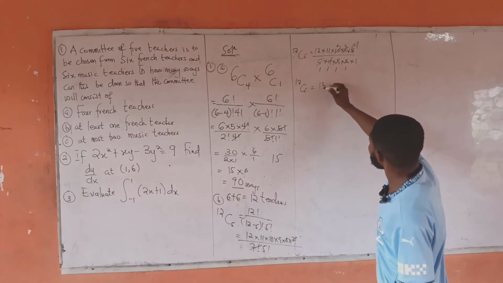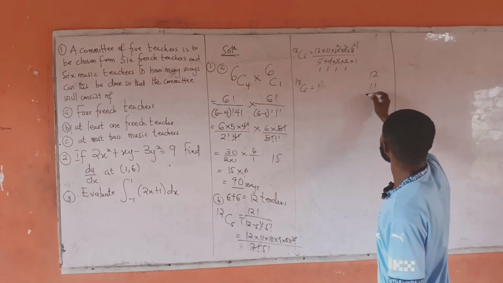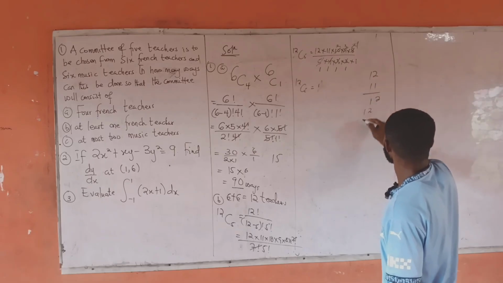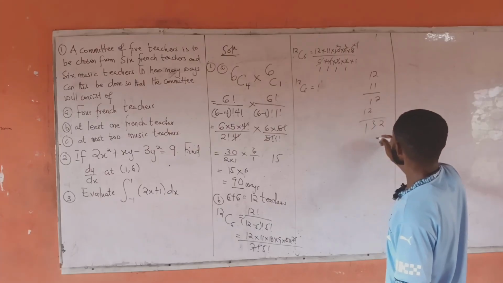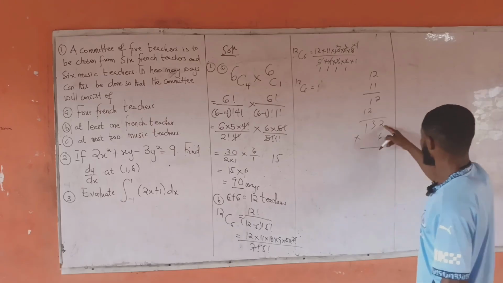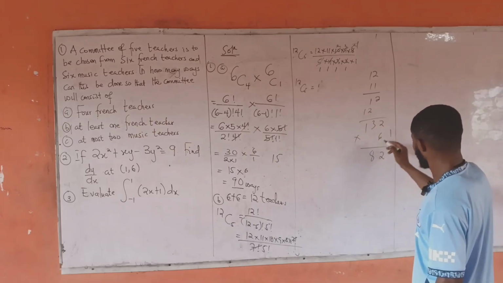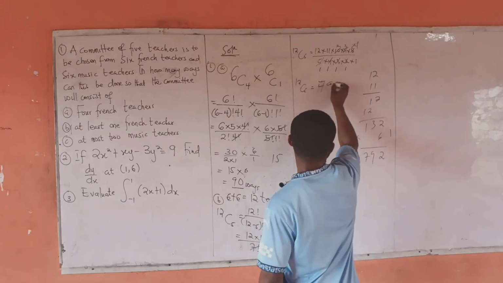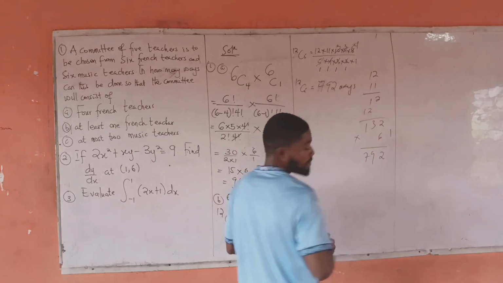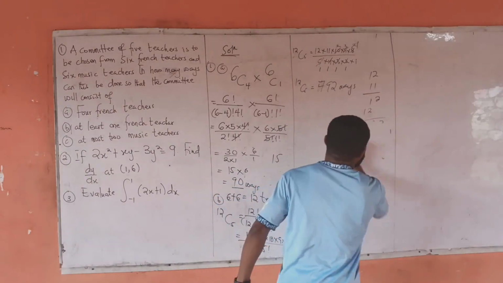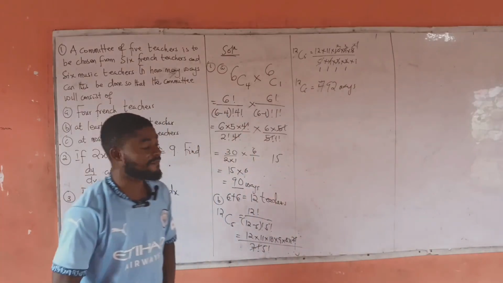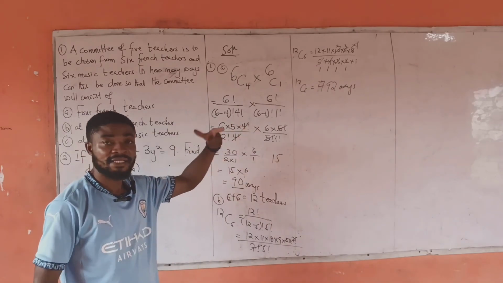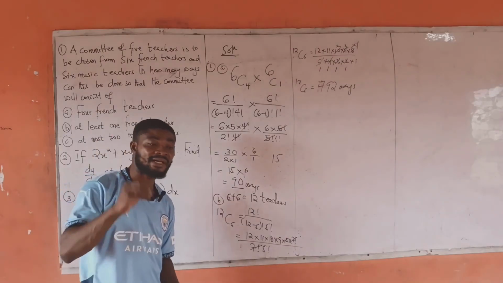So now if I want 5 teachers out of 12 to form a 5-member committee, then there are 792 ways I can do that.